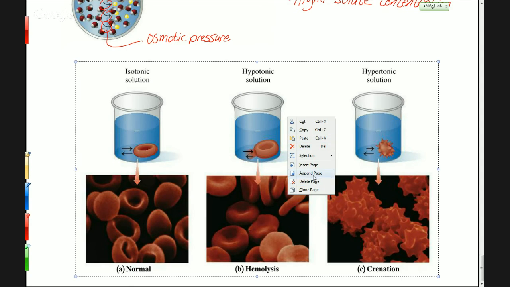All right, so let's talk about these numbers and what makes these solutions. We already talked about how the 0.9% mass by volume NaCl is isotonic.